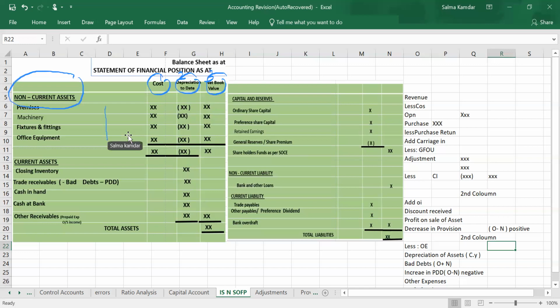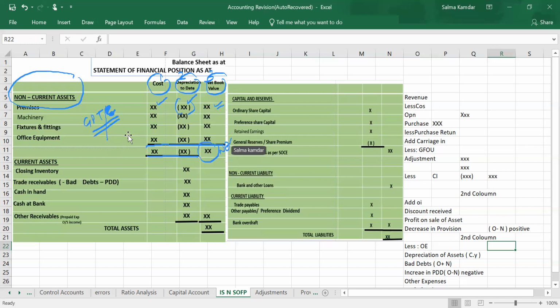You normally forget motor vehicle is a non-current asset. Even goodwill, patent, trademark, copyright, it is a non-current asset. Whatever cost is there, you will write it over here. Whatever depreciation to date is there, you will subtract it from the cost. What you get is the net book value. Then you're going to make one line through and you will close the column over here. This is your net book value. Are you with me? Yeah.